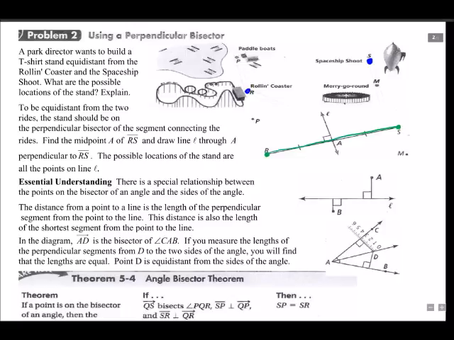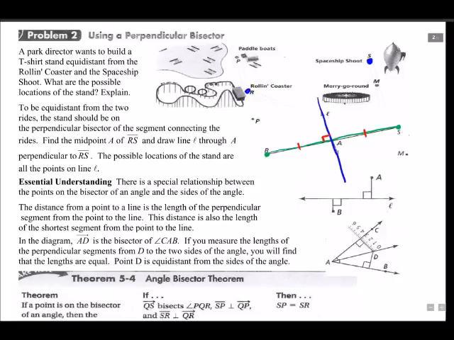And I am going to draw the perpendicular bisector, perpendicular, and it bisects that segment between the rolling coaster and the spaceship chute.